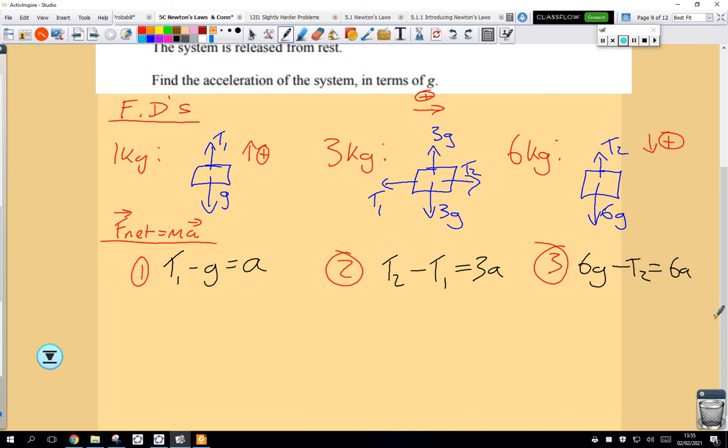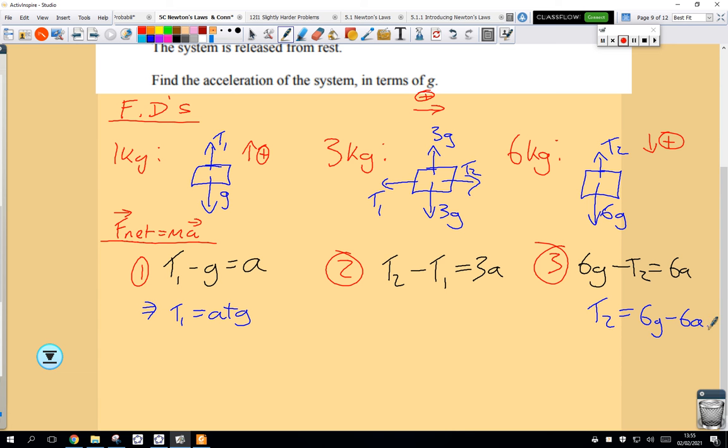So what I'm trying to do is eliminate T1 and T2. The way I would solve this is from equation 1, I would solve for T1. T1 is going to be equal to a plus g. From equation 3, I would solve for T2, make T2 the subject of the equation. T2 will be 6g minus 6a.